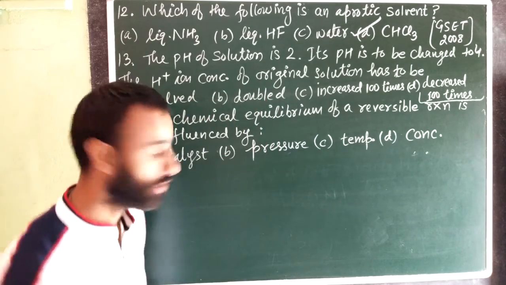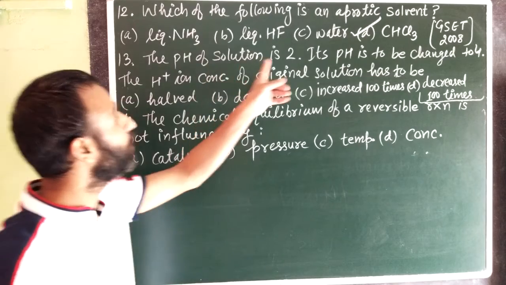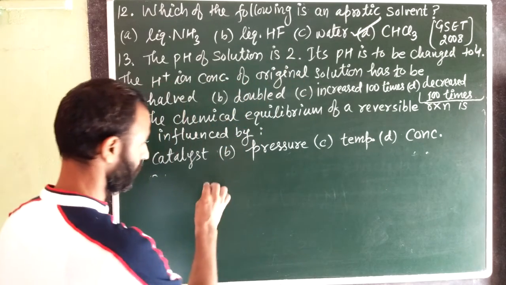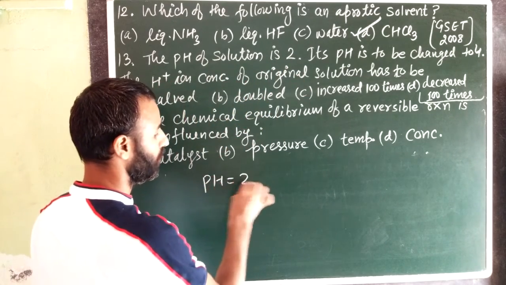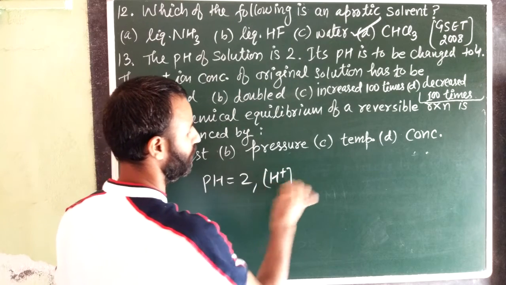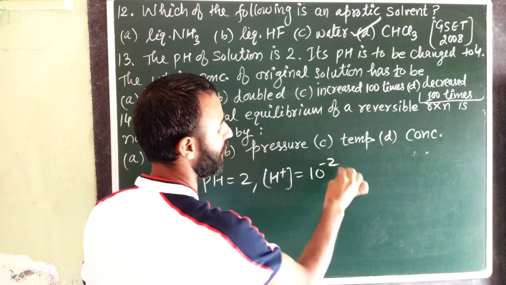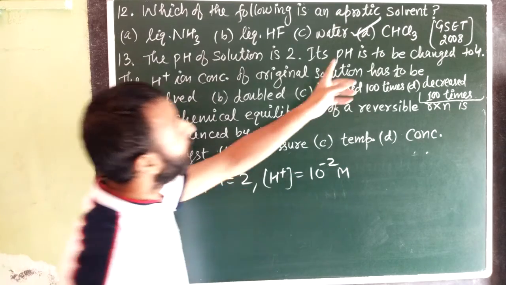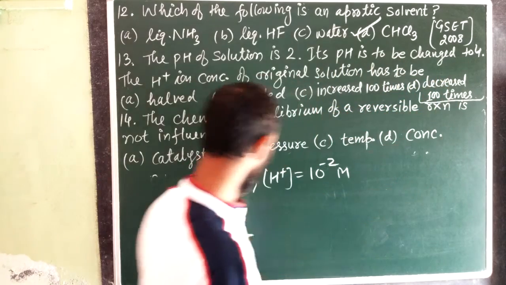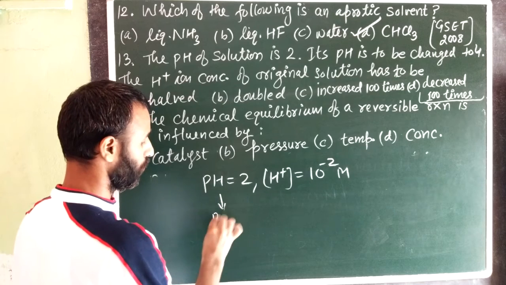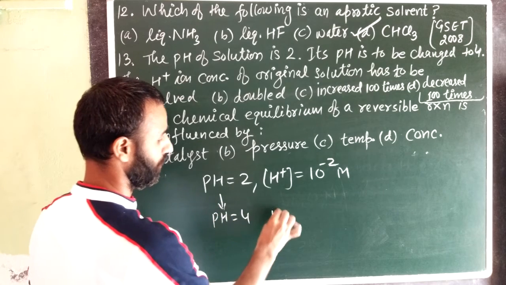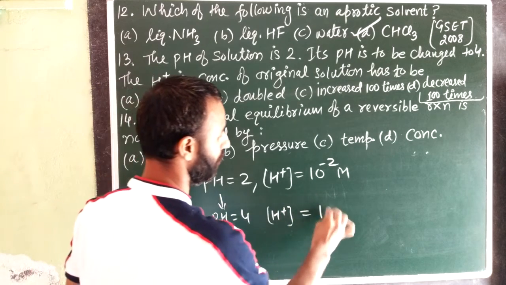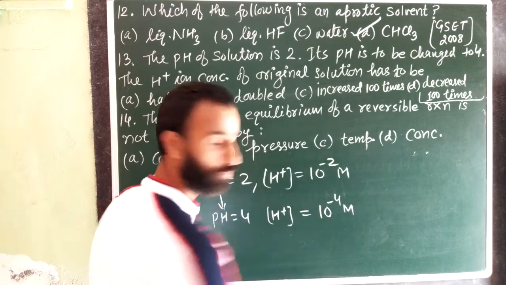Now 13th question. The pH of a solution is 2. So what is the H plus ion concentration? 10 raised to power minus 2 molar. Its pH is to be changed to 4. Now it is changed into 4. So H plus ion concentration becomes 10 raised to power minus 4.